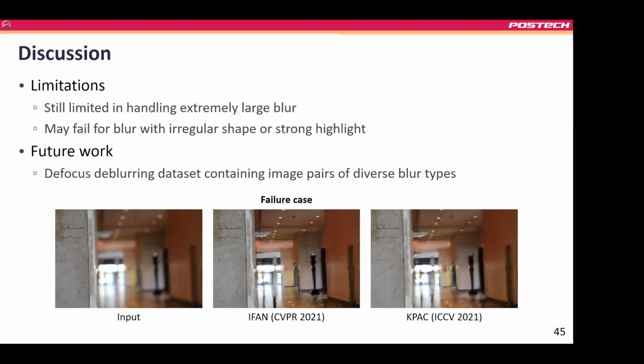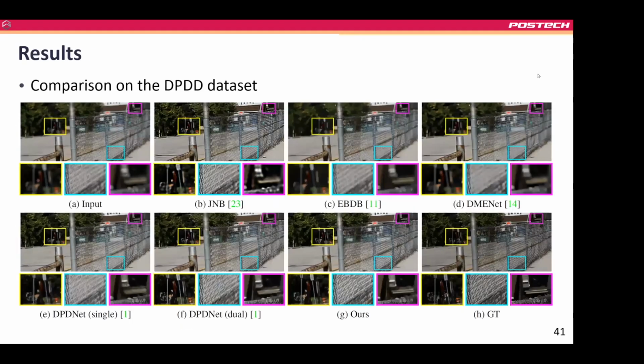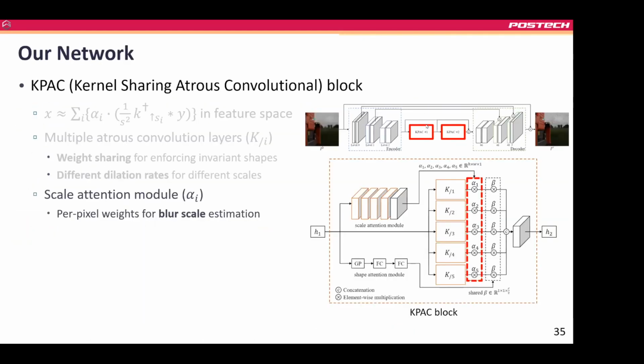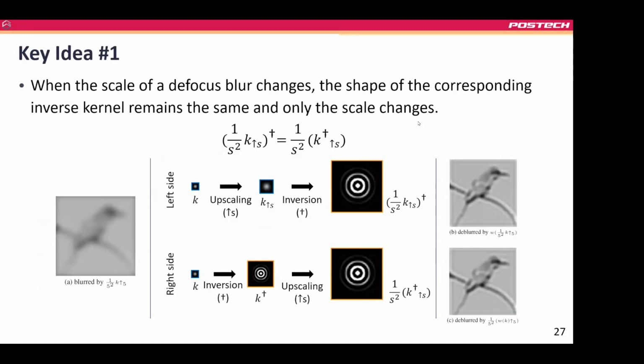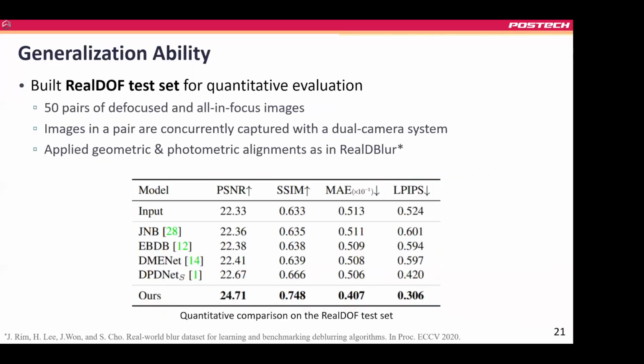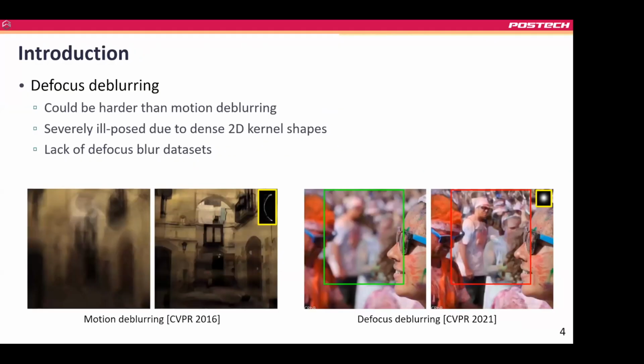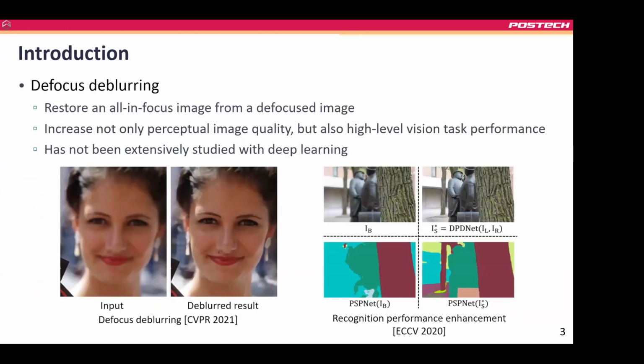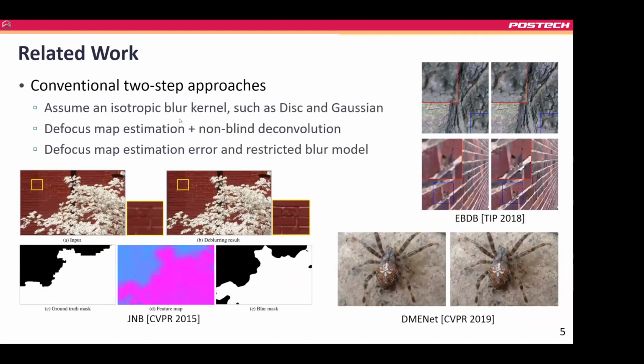Today I didn't mention my previous paper, but I actually worked on defocus map estimation. At the beginning I mentioned the traditional approach uses a two-step process: first estimate the defocus map, and then deblur.